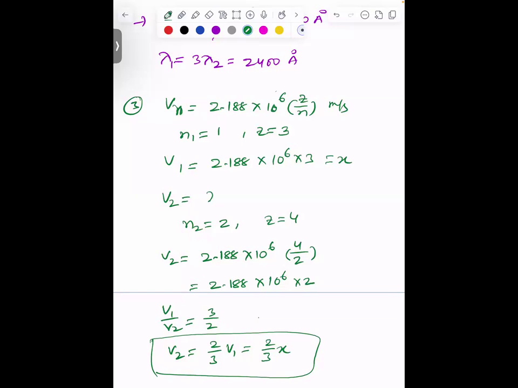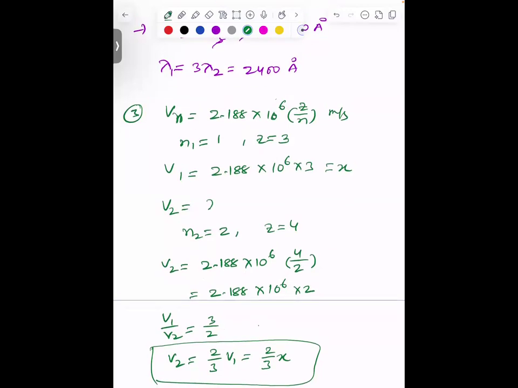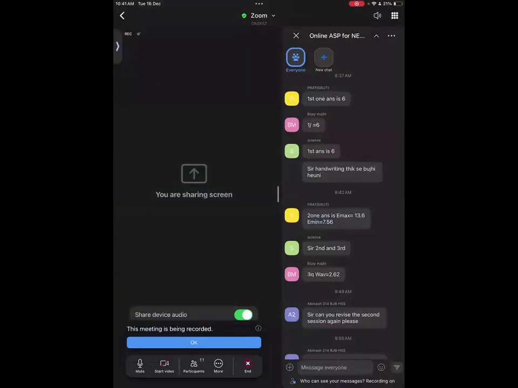Then I hope all of you are writing. If you have completed, then you can leave the class. If any other doubt, then write in the chat box.